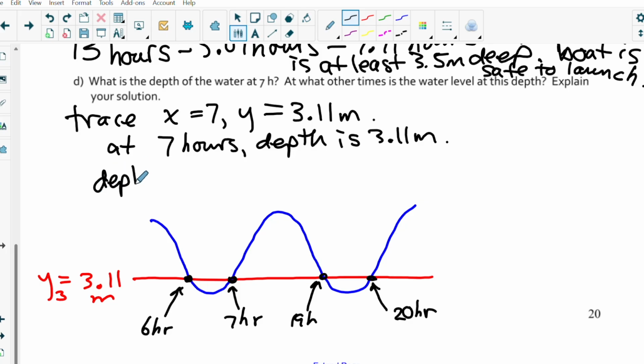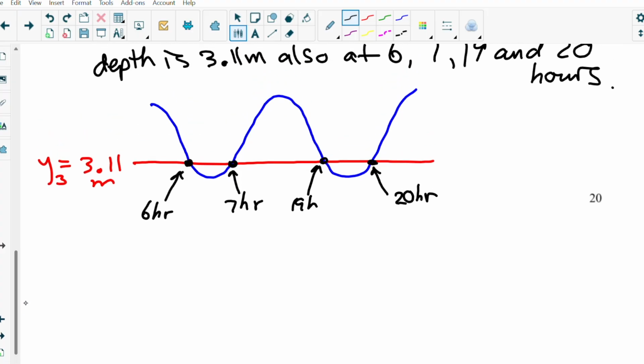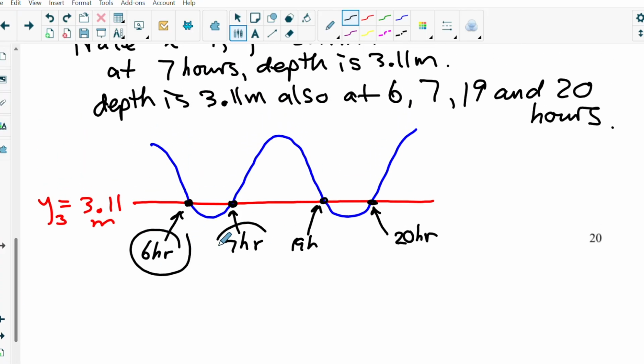Okay, depth is 3.11 meters. Also at 6, 7, 19, and 20 hours. Okay, so it's asking at what other times is the water level at this depth? Well, these are the 4 times that the water level is at this depth.